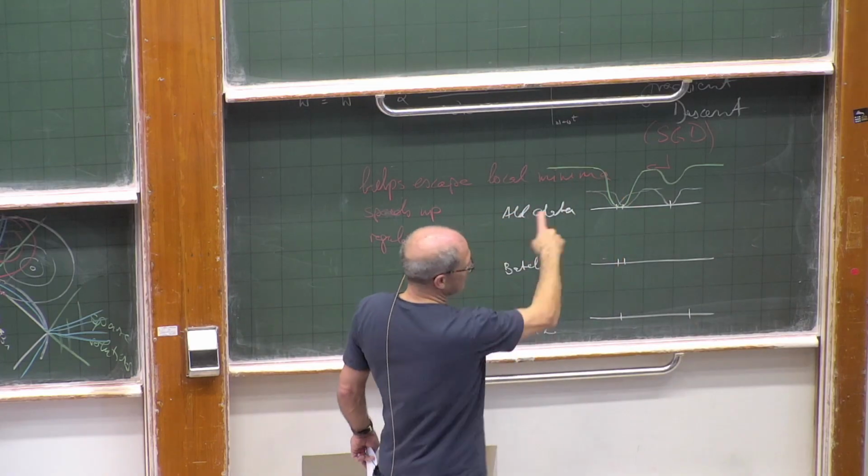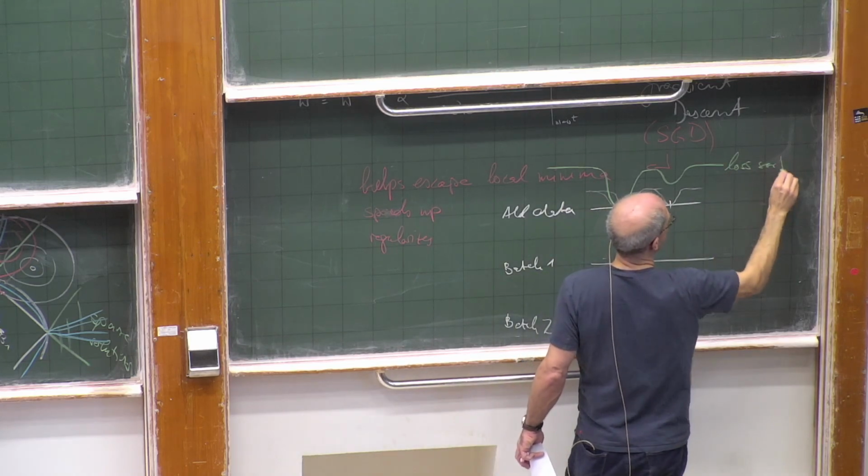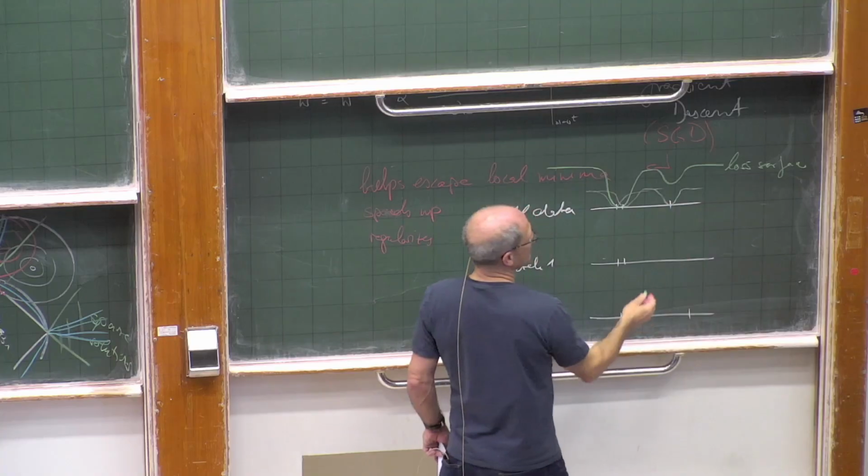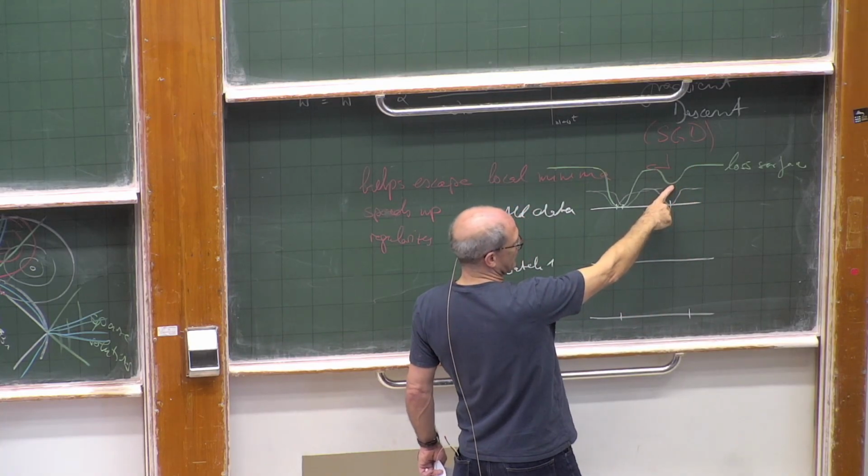So this is my loss surface. And if I start somewhere here and do gradient descent, I will fall into this minimum, and that's it.